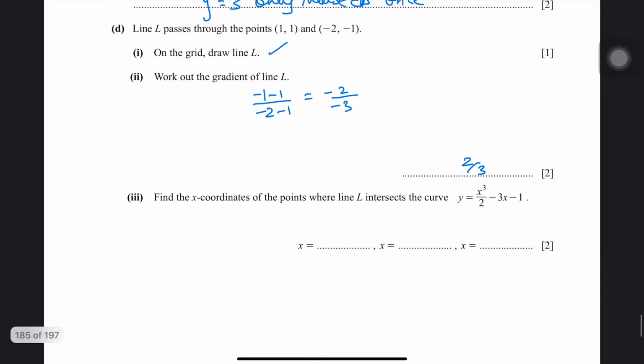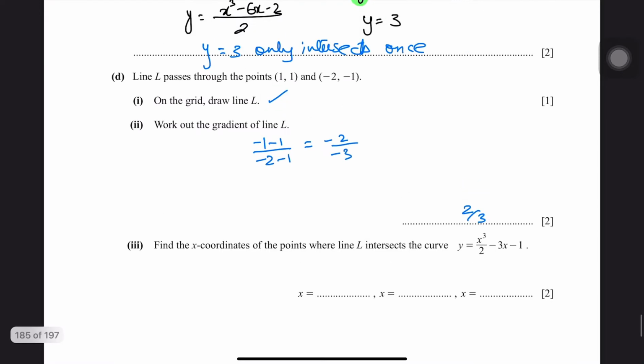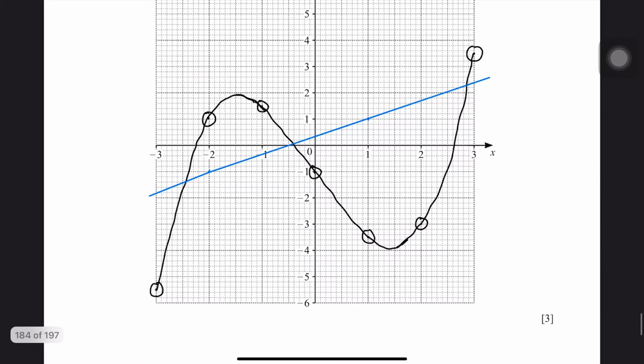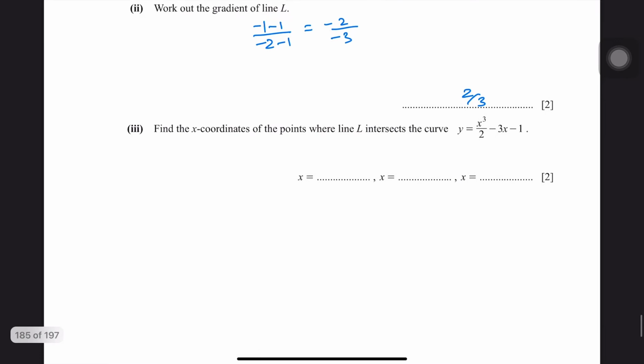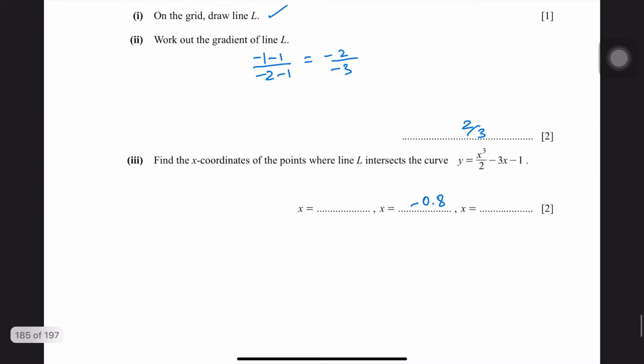Find the x-coordinates of the point where the line L intersects the curve. So it's intersecting at 3 different points. I'm going to say that it's intersecting at 0.8 with a negative, so I'll write minus 0.8 here in the center because it's the center coordinate.